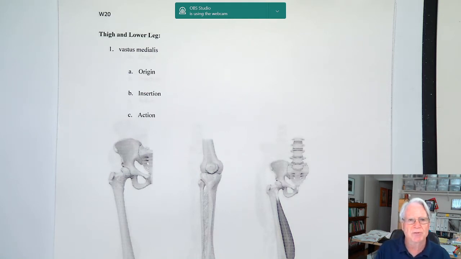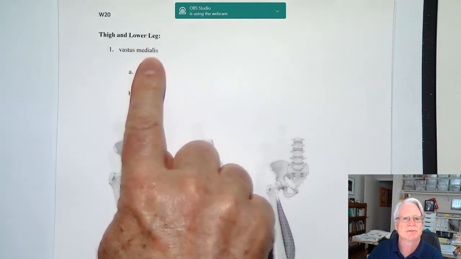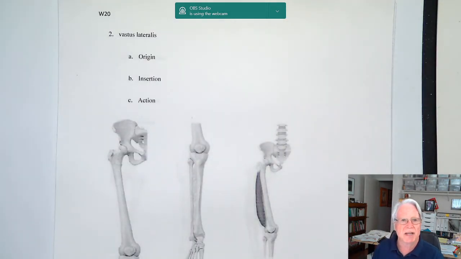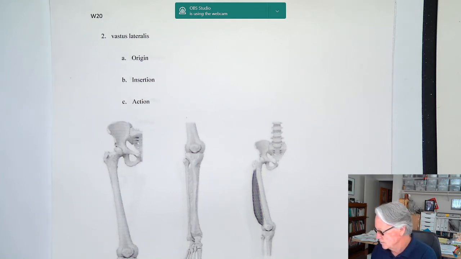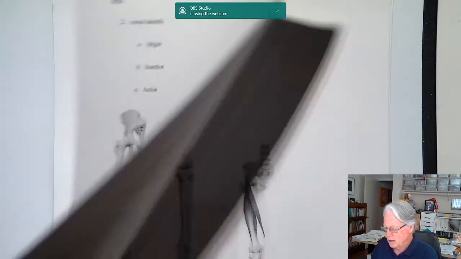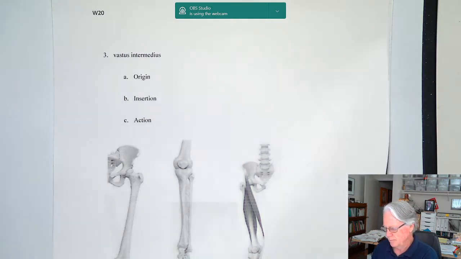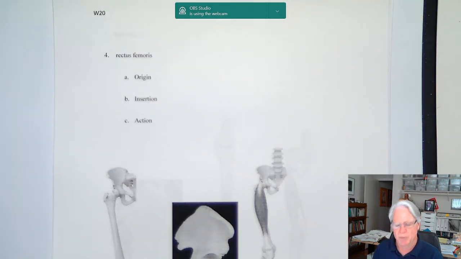So, the first four muscles that we're covering today are going to be vastus medialis, vastus lateralis, vastus intermedius, and rectus femoris.